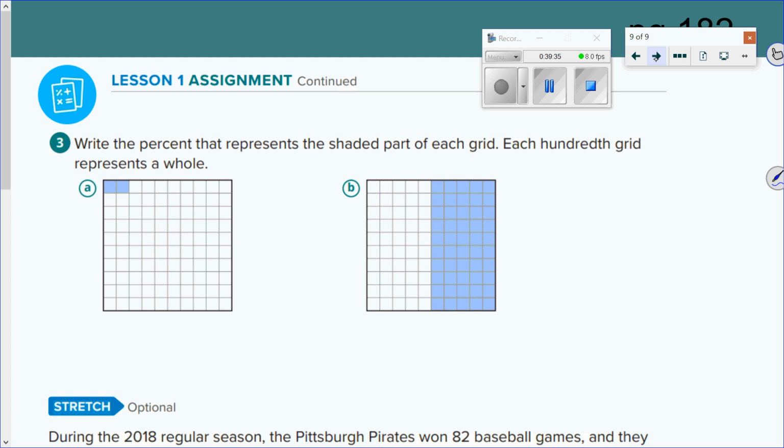So everybody should be on page 182 right now. Write the percent that represents the shaded part of each grid. Each hundredth represents a whole, but I also want you to write the percent and fraction, and then simplify the fraction.